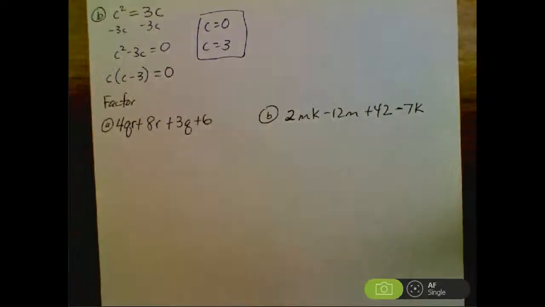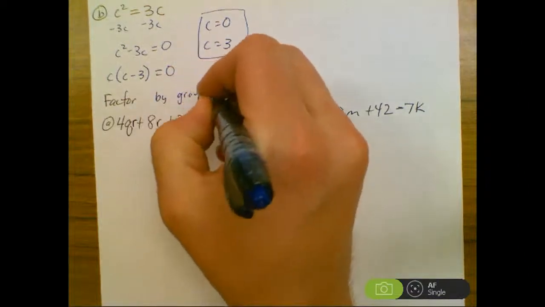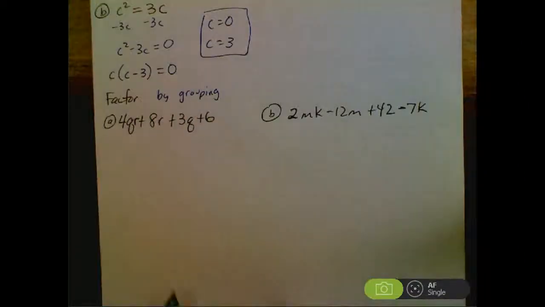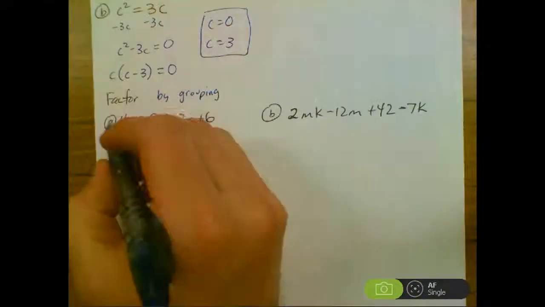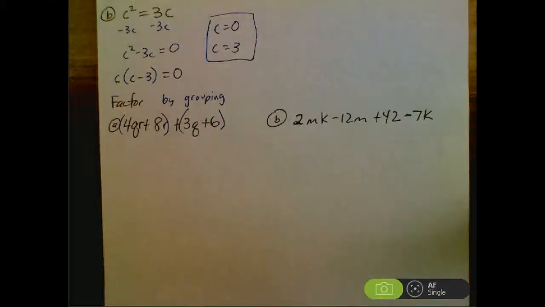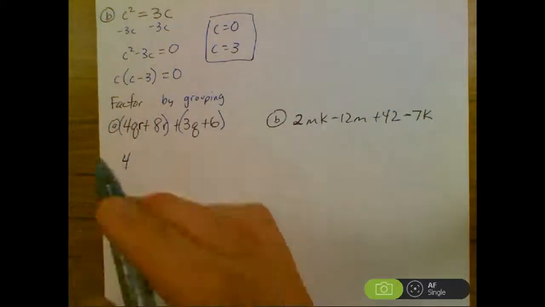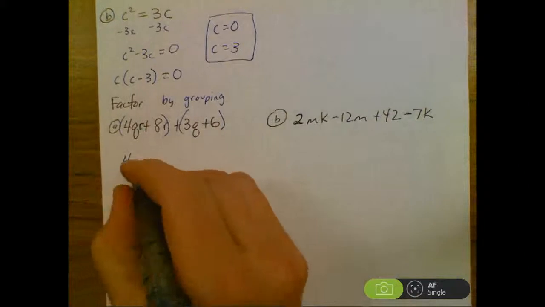Then going on to another type of factoring. This is factoring by grouping. So we're going to group stuff together. Most of the time it's the first two terms we put together and the second two terms we put together. And look at what these two have in common. Well, there's a 4 and an 8, so they both have a 4 in common. And they both have r's.